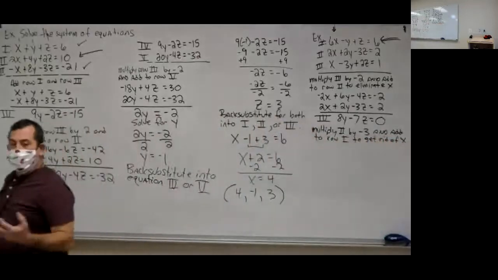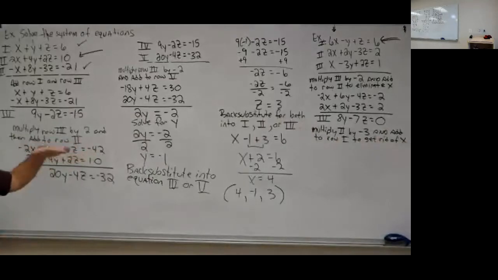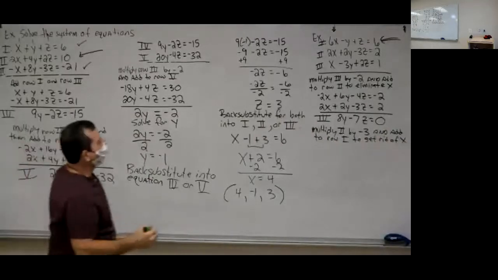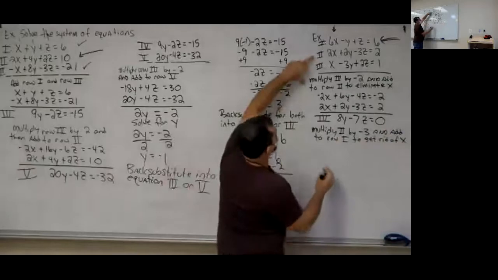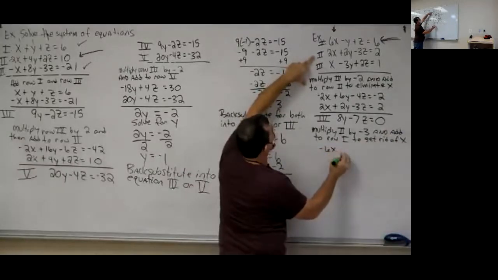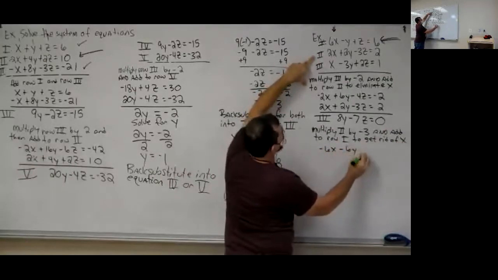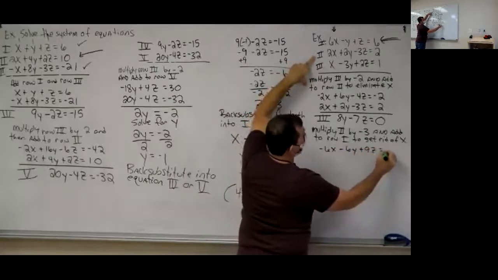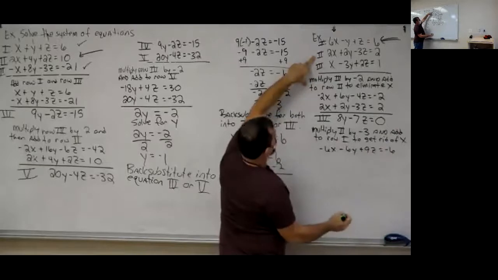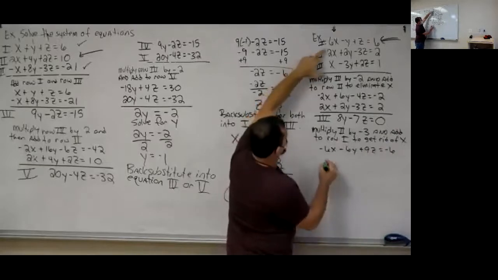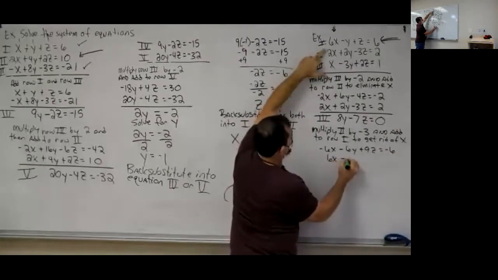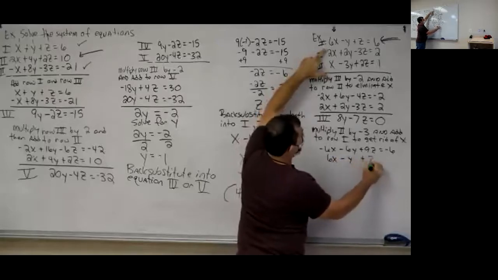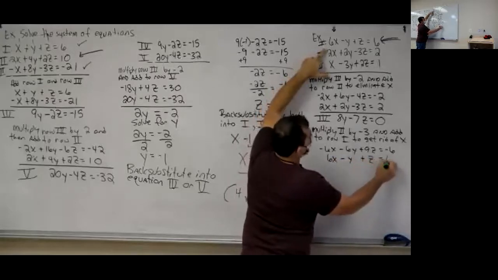I got to get rid of the same letter or my 2 by 2 system won't have the right stuff in it, okay? So I'm going to multiply row 2 by negative 3, so that'll give me negative 6x minus 6y plus 9z equals negative 6. I'm adding that to row 1, which was 6x minus y plus z equals positive 6.